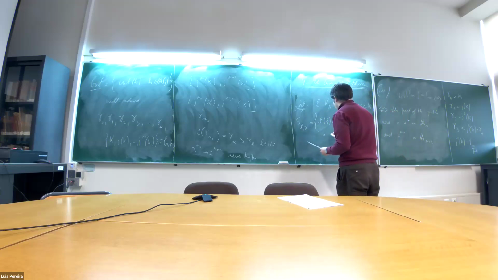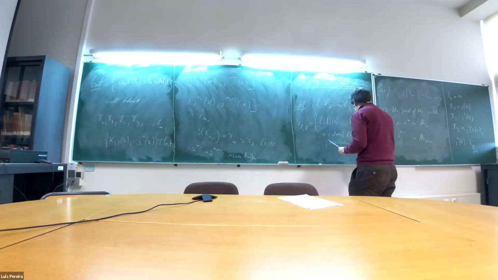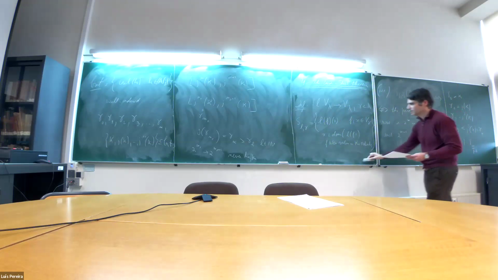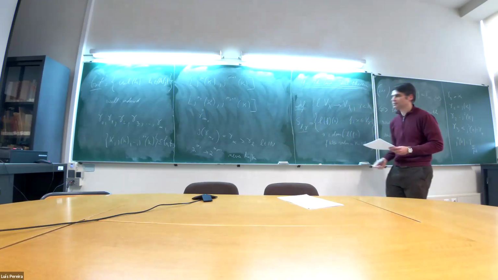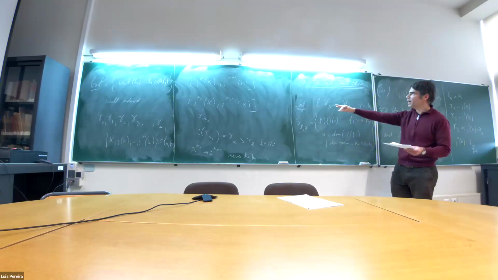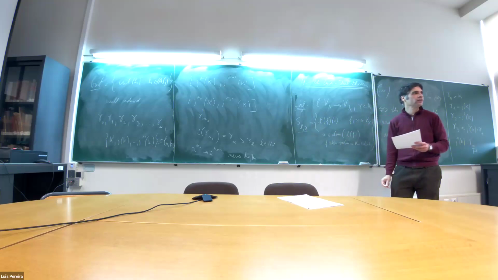X obviously is in the domain of L of F, and F takes values in the ordinals. L is just an embedding. So for each embedding and each limit ordinal gamma, I define this set.